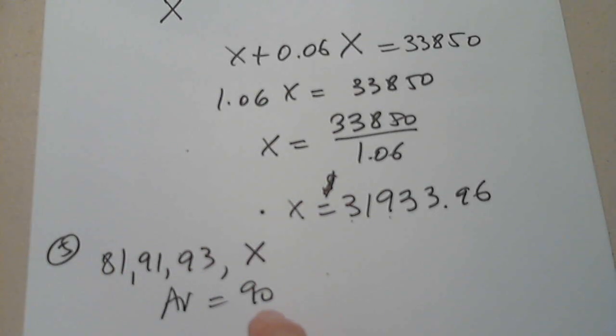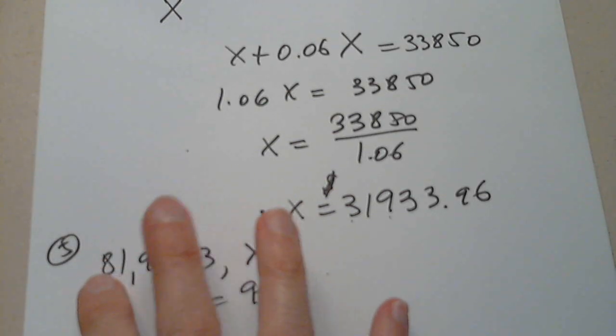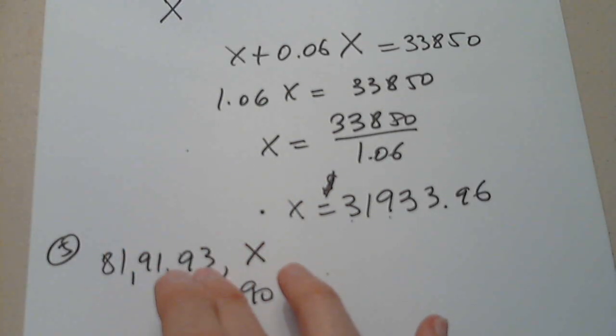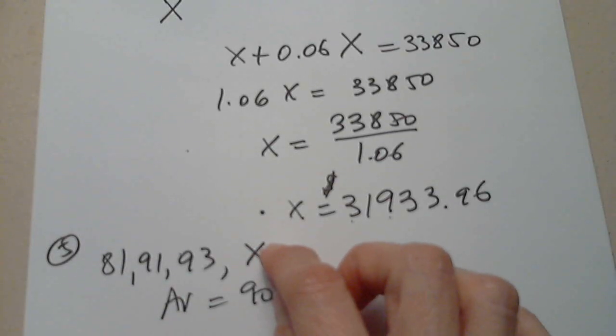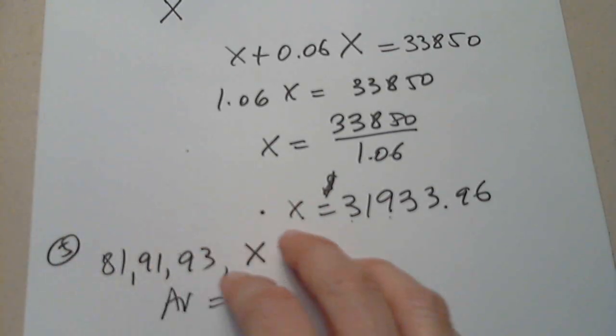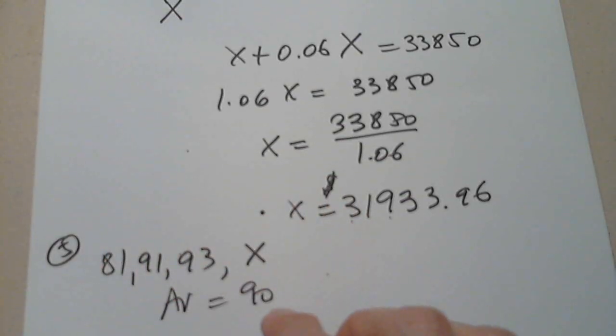So she needs an average of 90%, and she already has these very good grades. She's trying to calculate what she needs on the 4th test for the average of these 4 exams to give her an average of 90 or more. So what is the minimum?